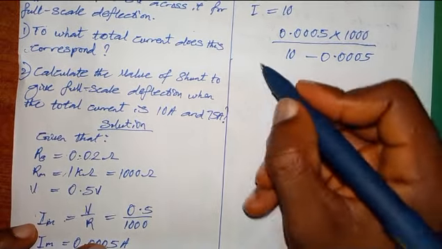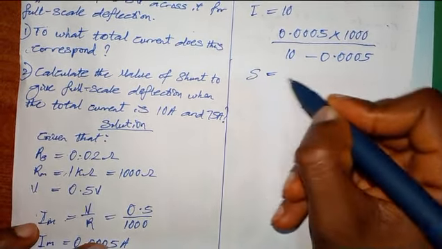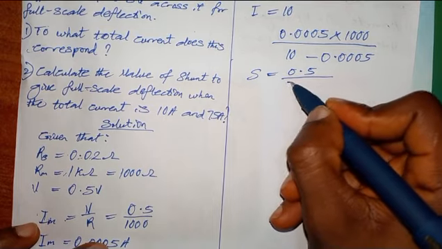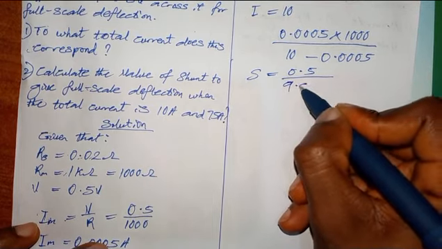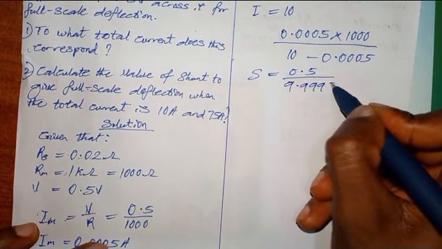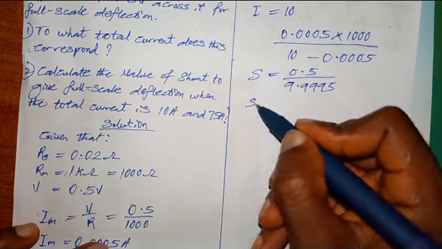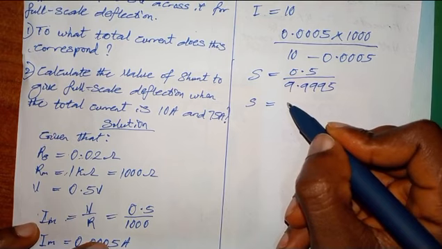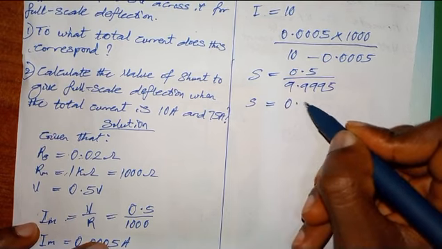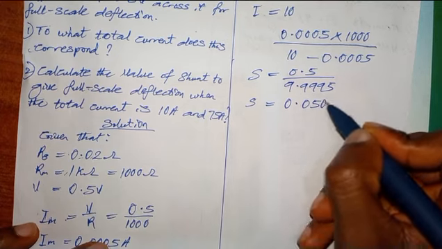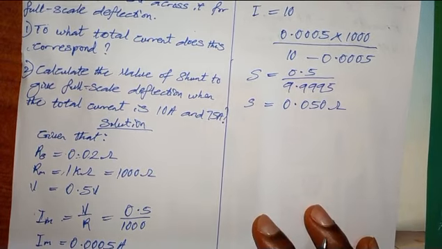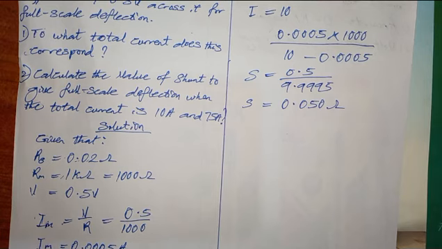The answer here will be Rs is equals to 0.5 divided by 9.9995. So Rs will be equals to 0.050 ohms. This is how to solve this particular formula in case you come across it in exams or in the test hall. Just know the formula, others are simple.